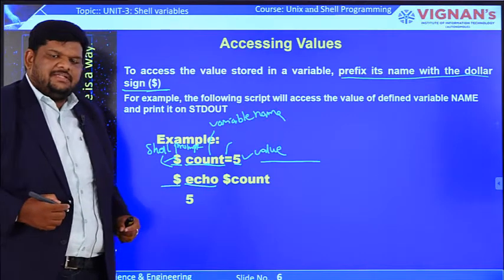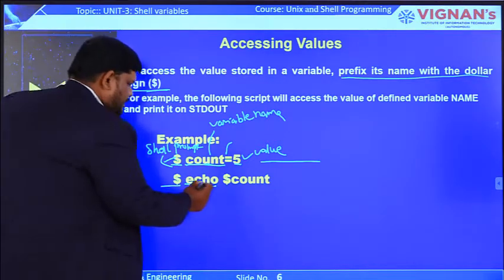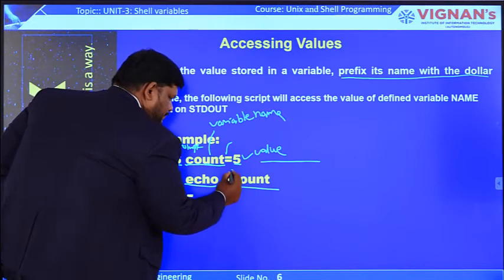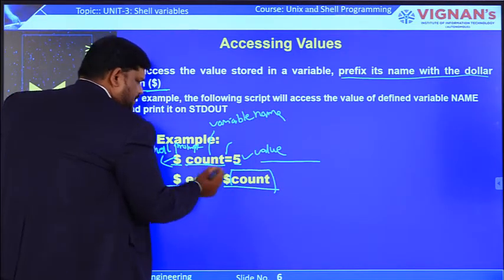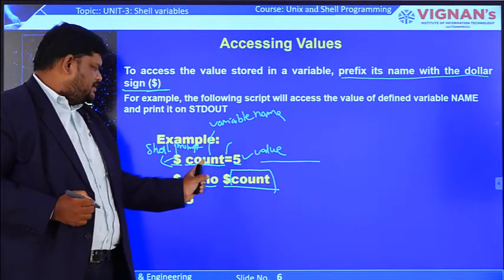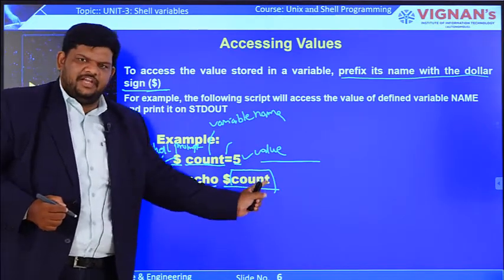The argument we pass to echo, if you observe carefully, is count, the variable name.